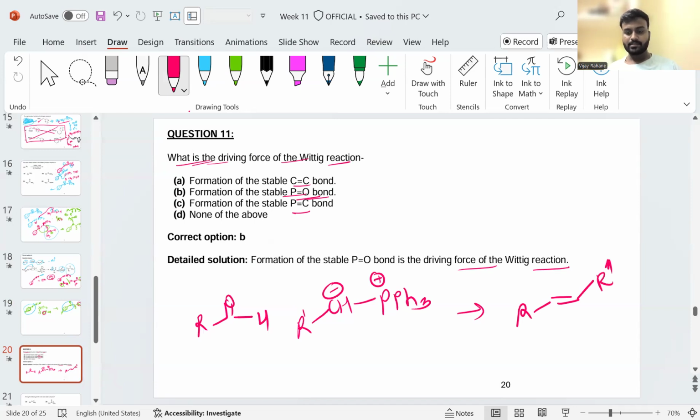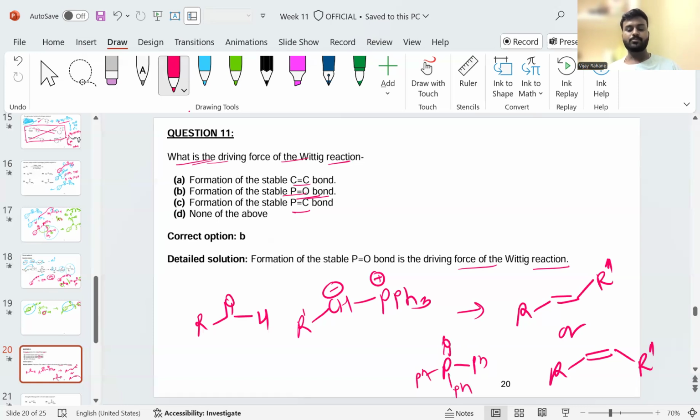Along with this, we get the P double bond O PPh3 as a side product, which is the driving force for the Wittig reaction.